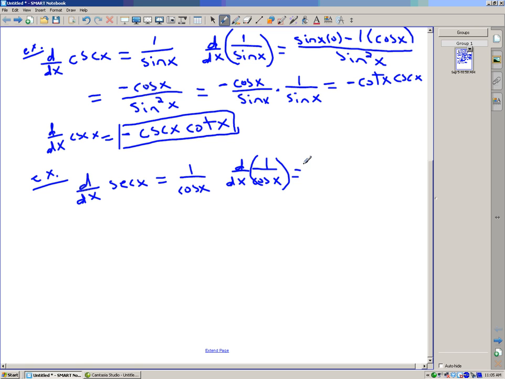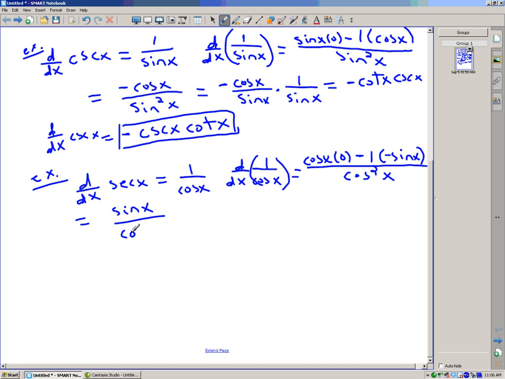Okay. So I've got the bottom times the derivative of the top. Of course, the derivative of 1 is 0. Minus the top times the derivative of the bottom, all over the bottom squared. So of course, cosine times 0 is 0, and negative 1 times negative sine gives me positive sine of x. And in the bottom, we've got cosine squared.